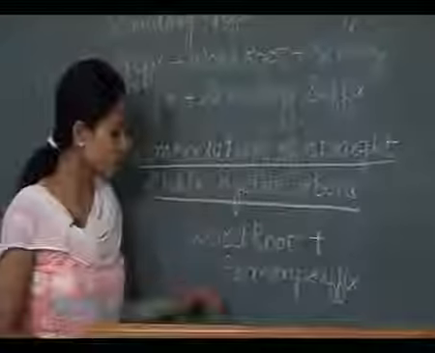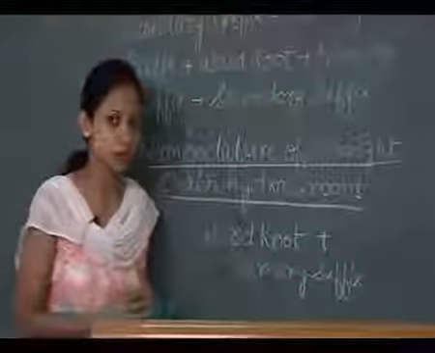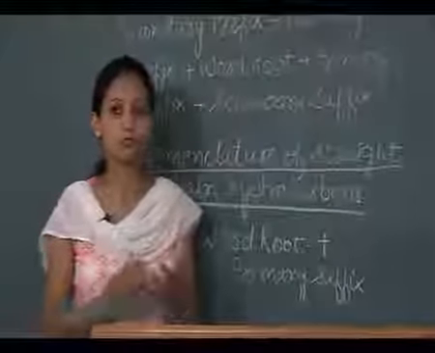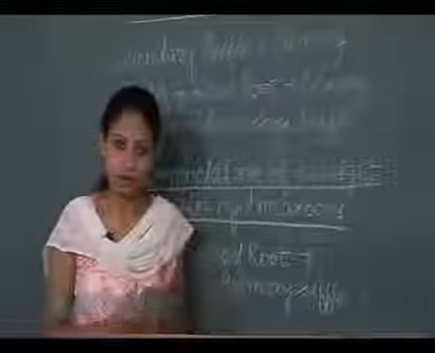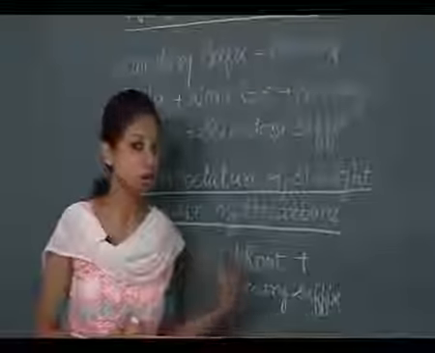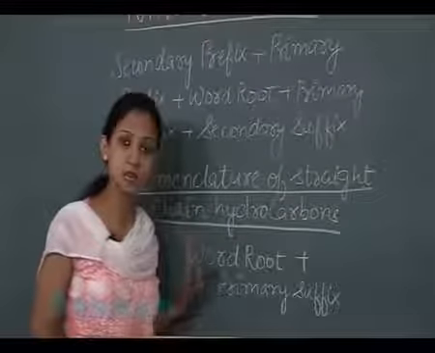Now what is this word root? Word root denotes the number of carbon atoms present in the organic compound. This is the basic unit of the name. Let us study first about the word root.